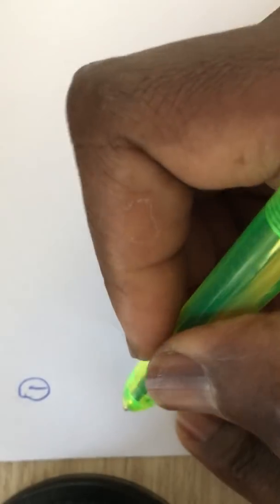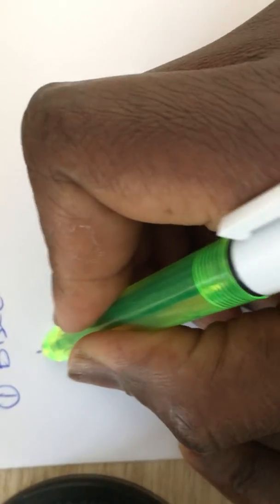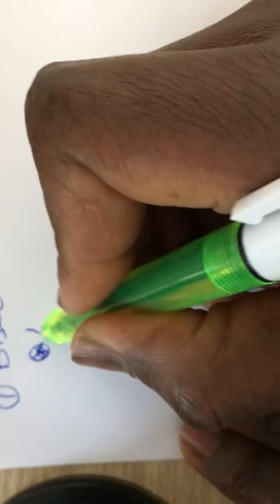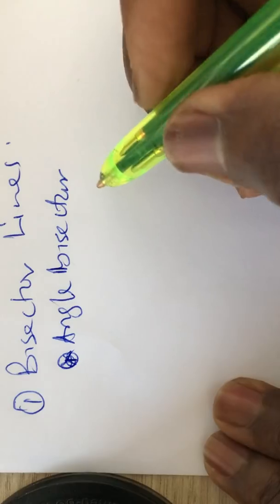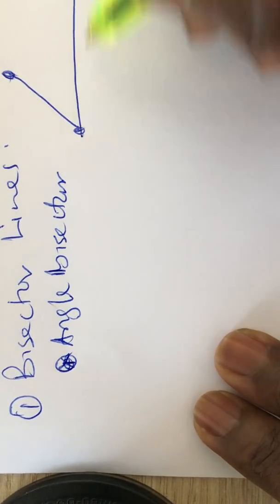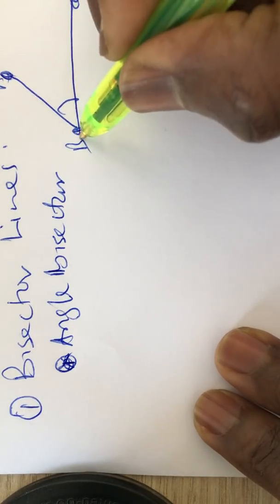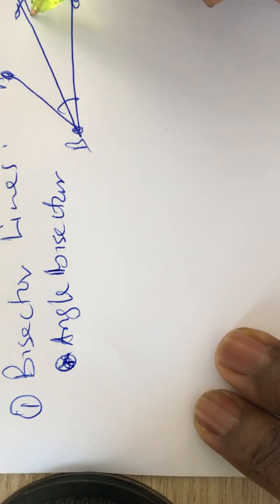The first type of line that you can think of, I would say the family, is called bisector lines, which includes one of the bisectors, the angle bisector. So an angle bisector is something like this. You have points like that, and that angle, let's say A, B, C, and that is a bisector for the angle.